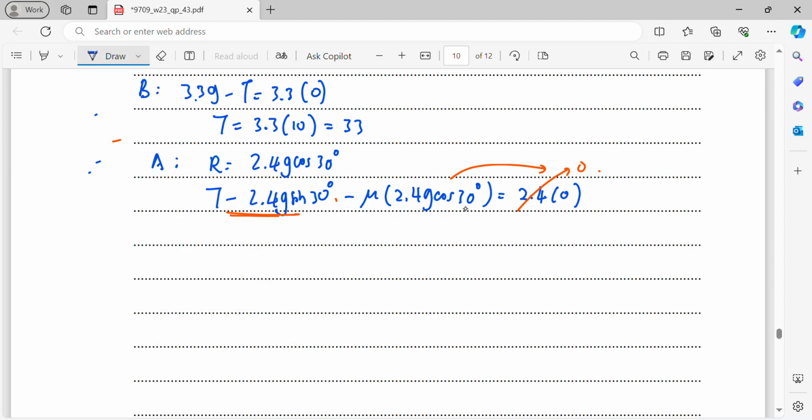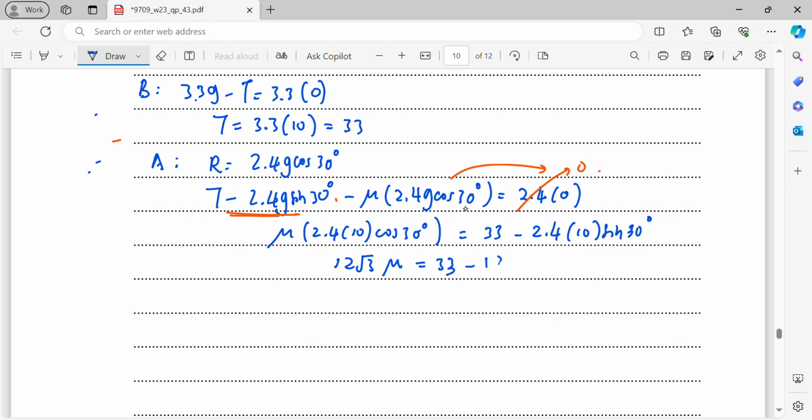So now I will get mu times 2.4 times 10 cos 30 degrees equals to, my T is 33, minus 2.4 times G times sine 30 degrees. So from here, you will get 12 square root 3 mu equals to 33 minus 12.